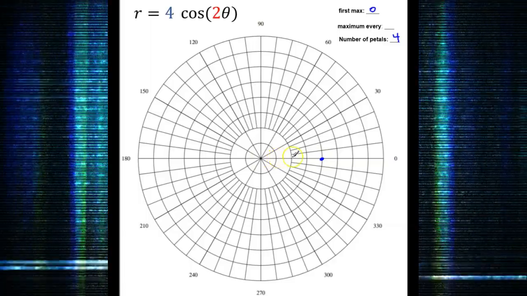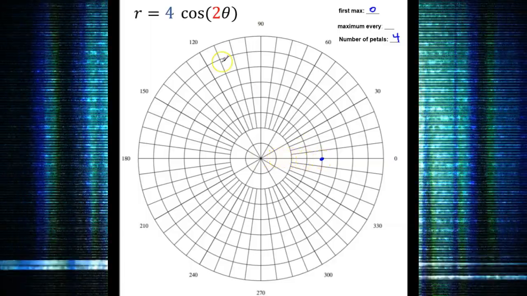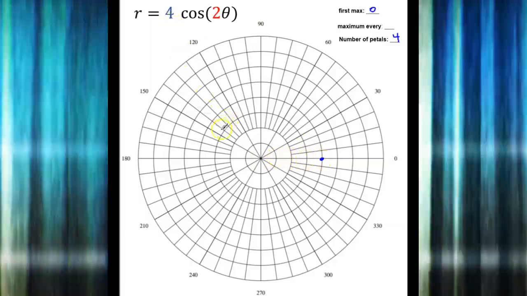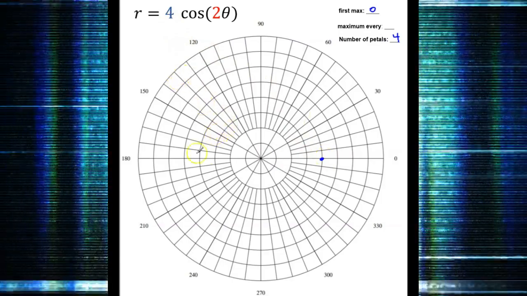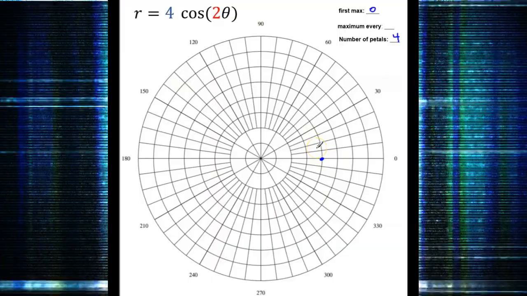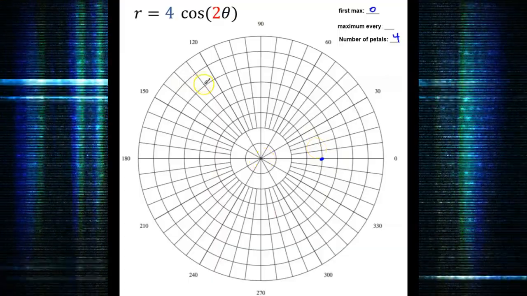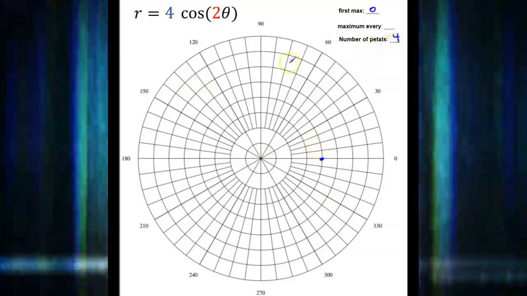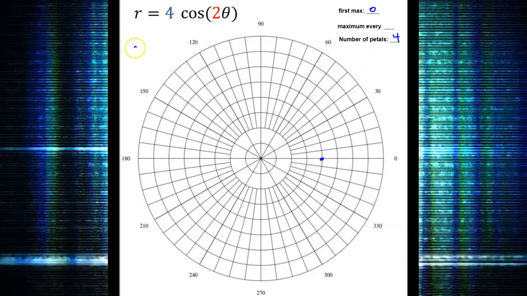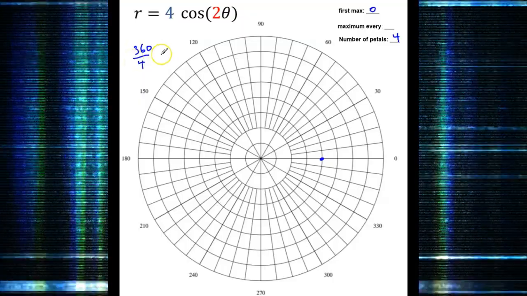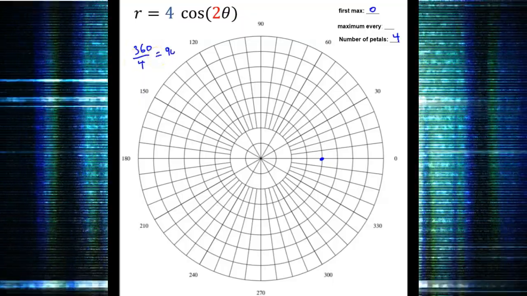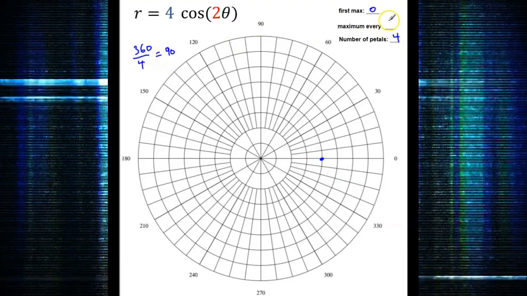So we want to know how often to put these points. So remember that everything is going to be equally spaced around our 360 degrees. So if we have 4 petals, that means that we have 360 divided by 4 because of that equal spacing, and that's going to mean they're going to be 90 degrees apart.